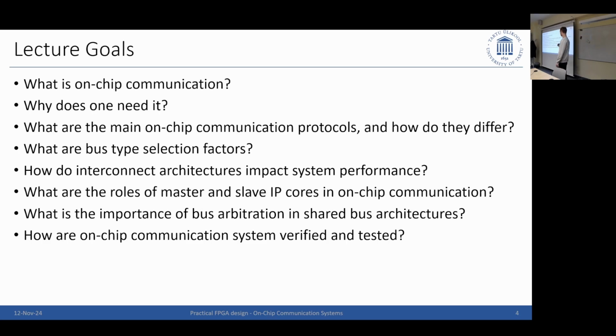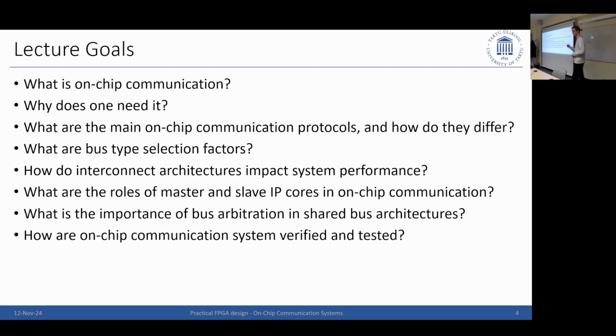We want to answer a few questions. So basically, what are those systems? Why do we need them? What different communication protocols? Well, bus systems we have, so less protocols or package types, because that would be another layer on top of it. What factors do we have when we select?